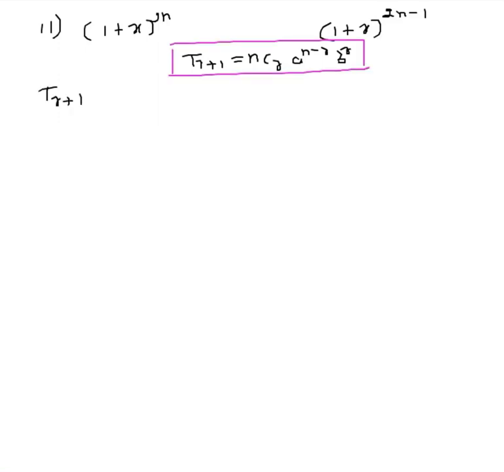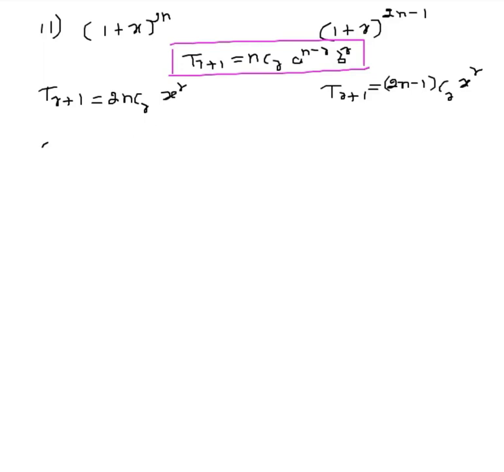So the general term for the first expansion is 2nCr, a is 1, b is x raised to r. And the general term for the second expansion is 2n minus 1 Cr, a is 1, b is x raised to r. Coefficient of x power r is 2nCr.